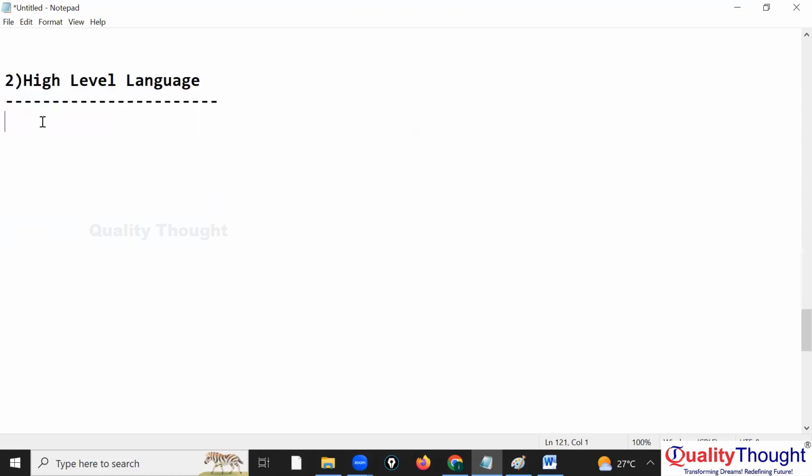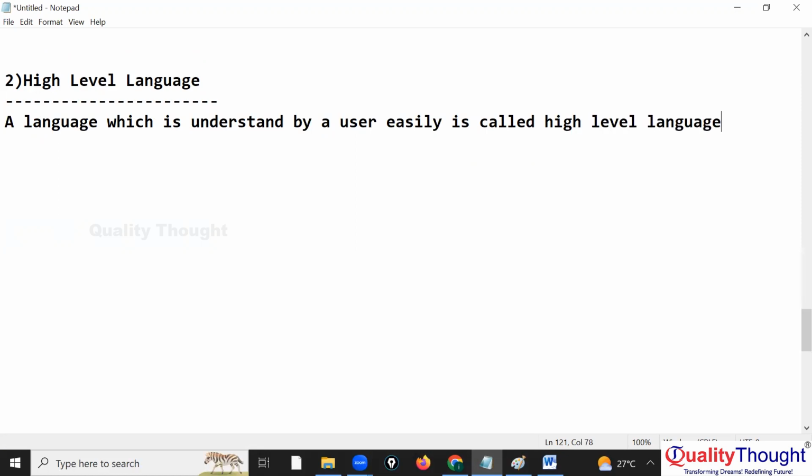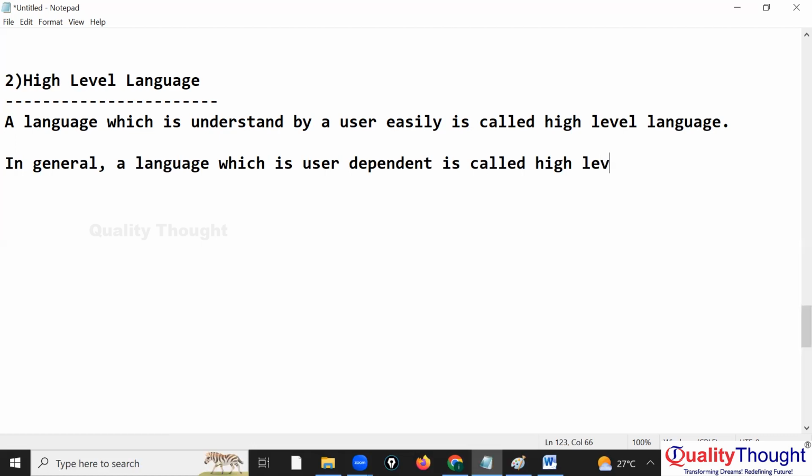High level language. Who will understand high level language? The user. So can I say a language which is understood by a user easily is called high level language? In general, you can say a language which is user dependent is called high level language, guys.